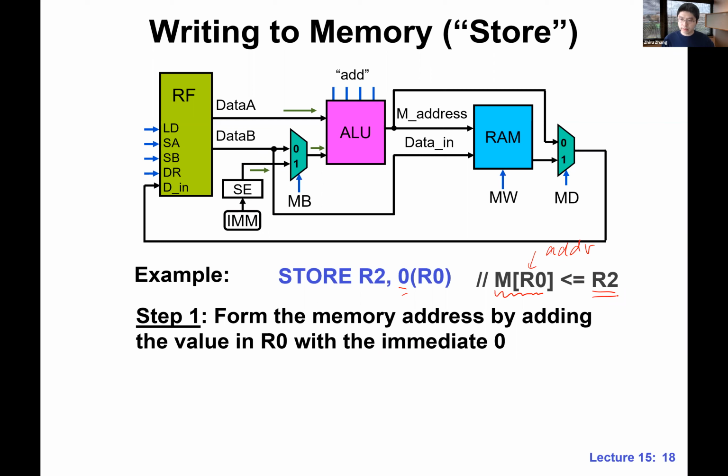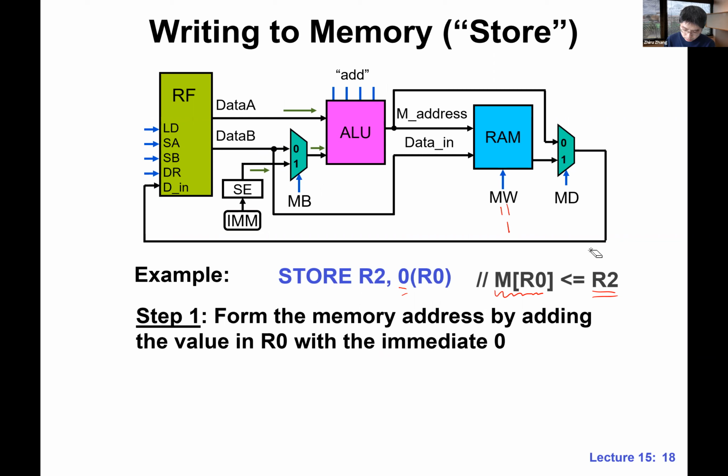Amanda is asking, does data in only matter when MW is 1? Let me try to address this question. First, we are storing, so we are writing to the memory. That's where we want to set this signal to 1. MW is 1, which means memory write. This is basically like the write enable for the RAM.